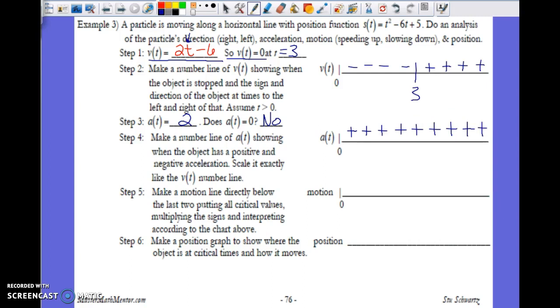And take note, when you're doing these number lines, make sure they line up. Use the same scale. Okay, now step 5. We're going to describe the motion, whether or not it's speeding up or slowing down. If we have a negative direction like we do right here, but we have a positive acceleration, this is where it's slowing down.